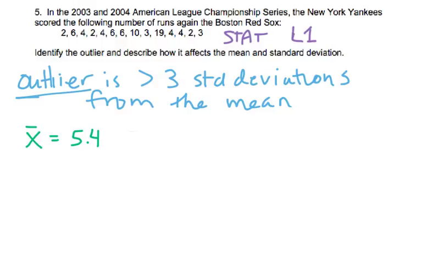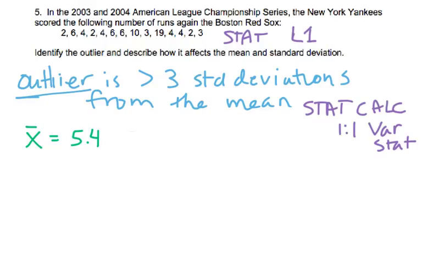You've just got one list, L1, and you put these numbers in. Then you do stat, this is stat edit, and then stat calc, and you do 1, 1, which is one-variable statistics. And you'll see that the mean is approximately 5.4.